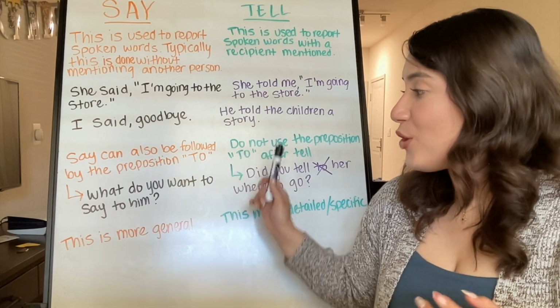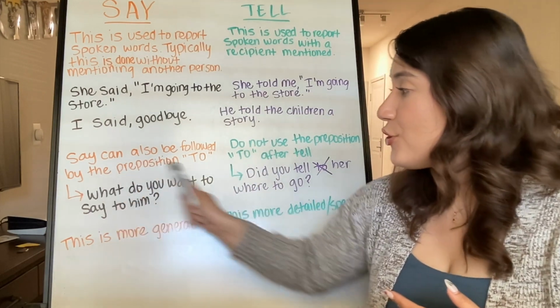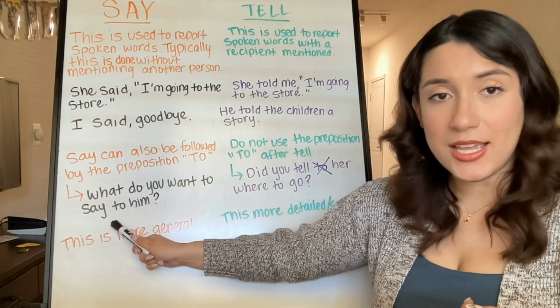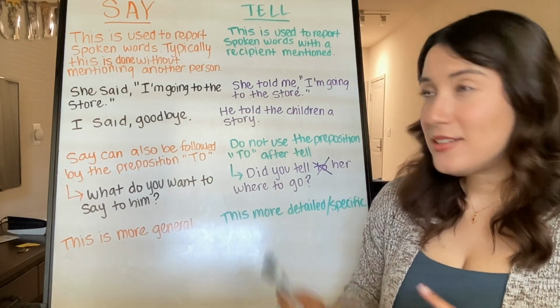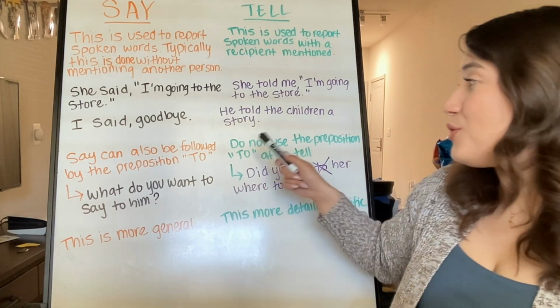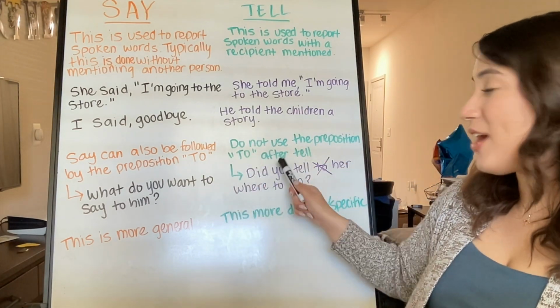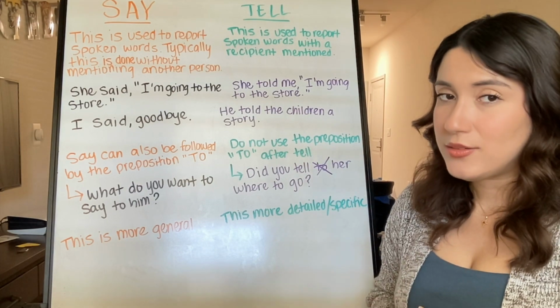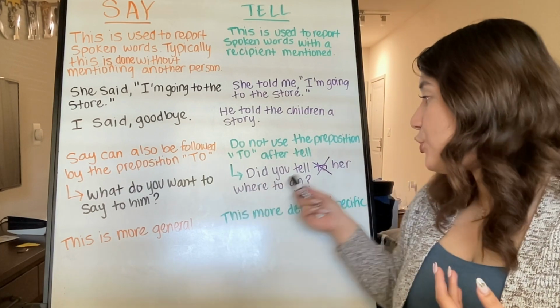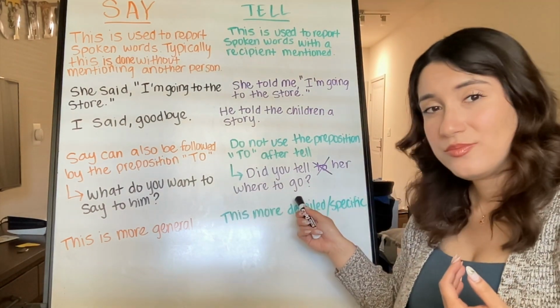Just remember that when you're asking this type of question, you always want to use the preposition to after say. But this does not work with tell. So do not use the preposition to after tell. You never want to do that. For example, we can say, did you tell to her where to go?